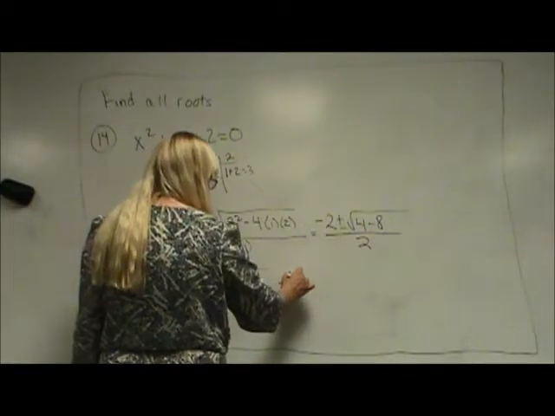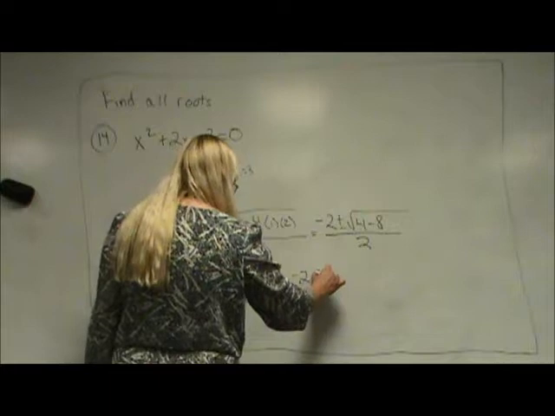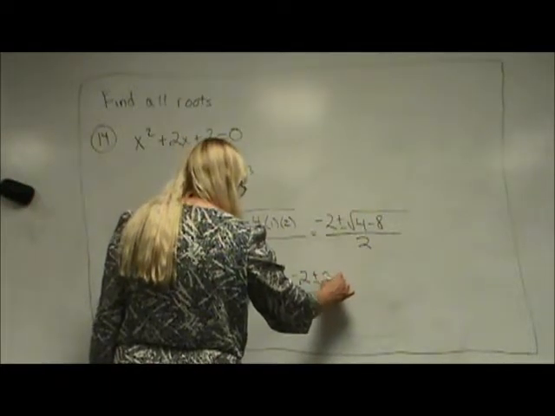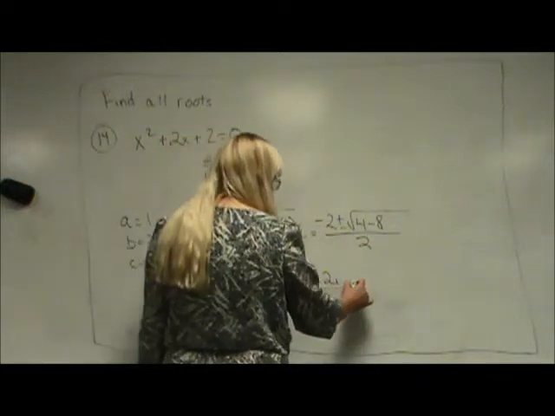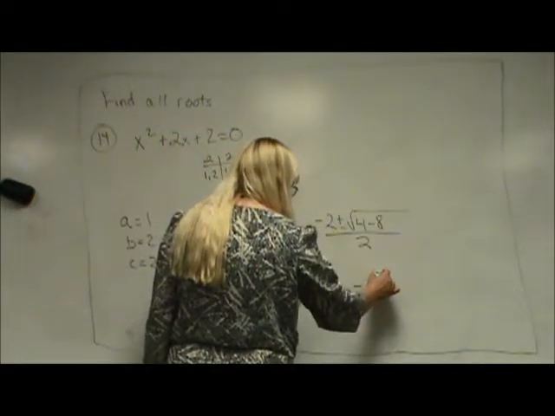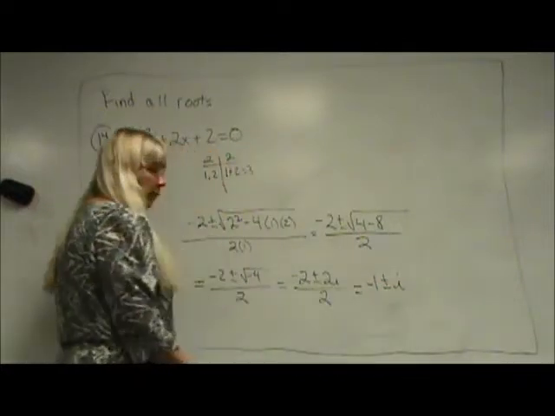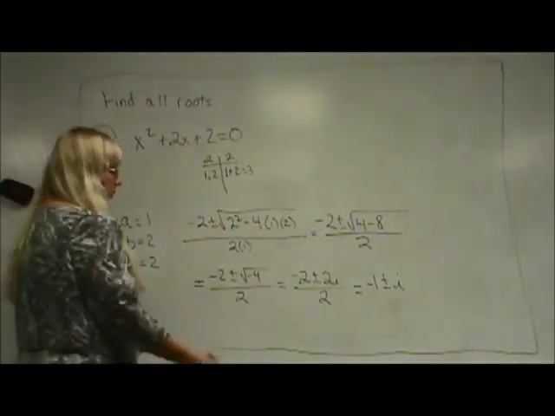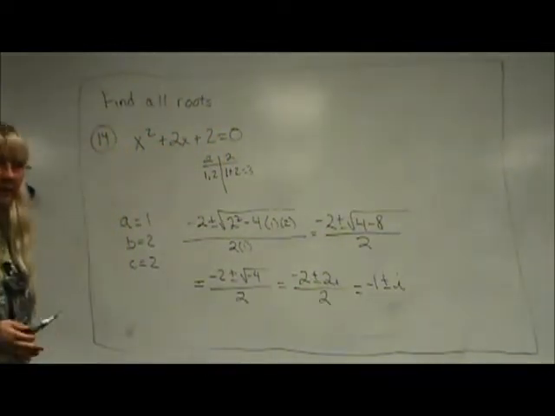I can still take that whole thing out though. So I have a -2 plus or minus 2i all over 2, and I can reduce all my 2's. So I have -1 plus or minus i. Be careful, because when you reduce a negative 2 over 2, it does not go away. You still have a term there.